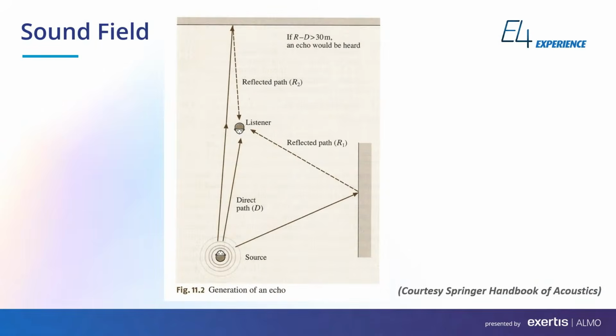Right. And so if you look at this diagram, it's going to take, let's say, 10 milliseconds to get to the listener directly, but you can see the distance of the reflection is going to be 3 times that. So it's going to be 30 milliseconds. And the one off the back is going to be 4 times that. It's going to be 40 milliseconds.